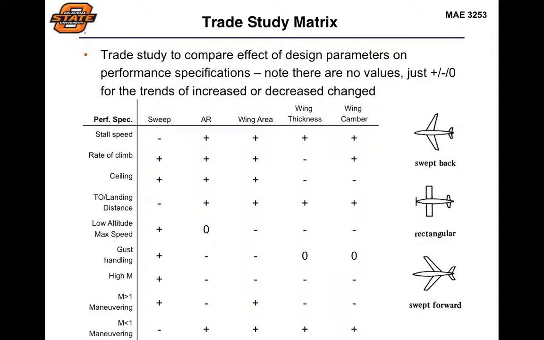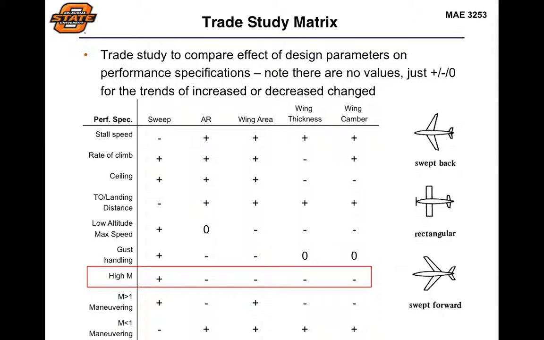How does each one of these design parameters impact specific performance specifications, all these things over on the left-hand side? So for example, we could say, hey, we know that a swept wing gives us a lot of great capabilities at high Mach number, but it really degrades performance across the range in terms of our other areas.